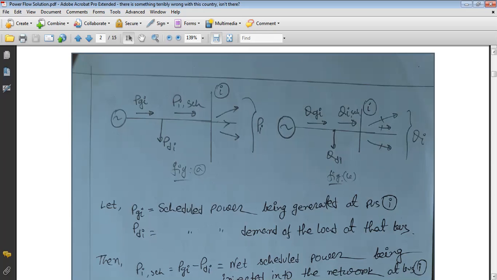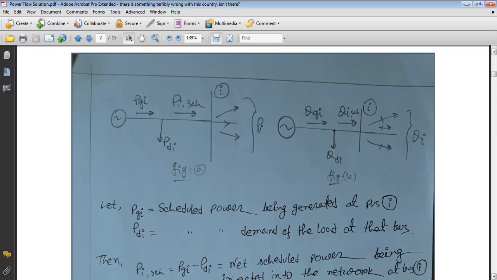So how much would be the losses through this line? This is the whole power flow solution. The generated power, the consumed power, and the losses, all we can calculate by using the load flow solution or the power flow solution. To calculate all types of power, that is the consumed power, the generated power, or the line losses, at first we have to calculate the individual bus voltage and angle.